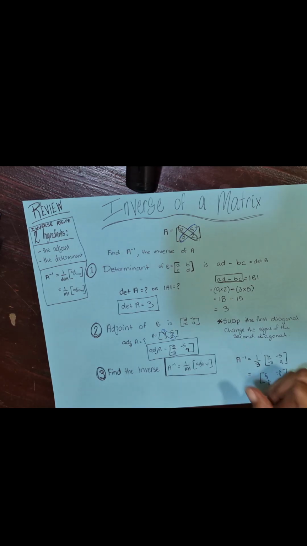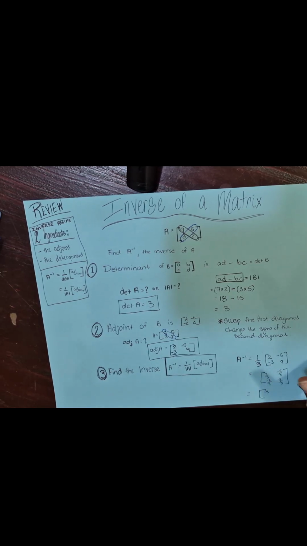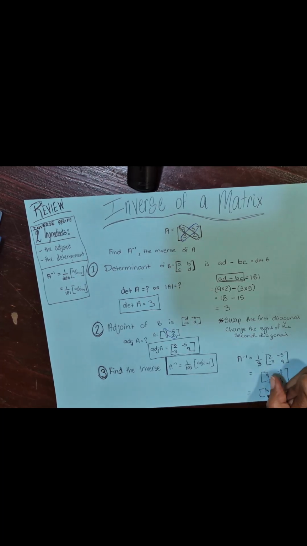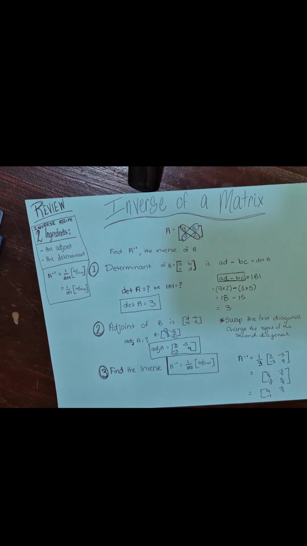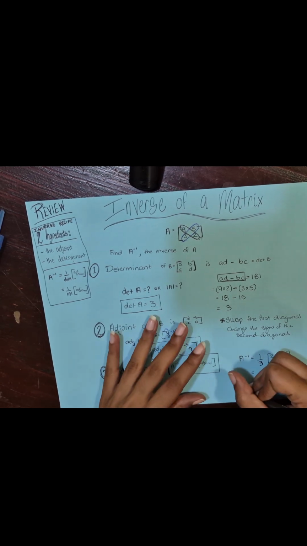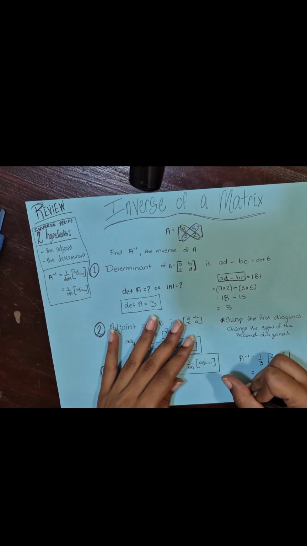And then we'll simplify the ones that are easy to simplify. So 2 over 3 can stay, -5 over 3 can stay, negative 3 over 3, that's 1, so it's negative 1. And you can check all of these in your calculator. 9 over 3 is 3. And this is our inverse of our matrix.